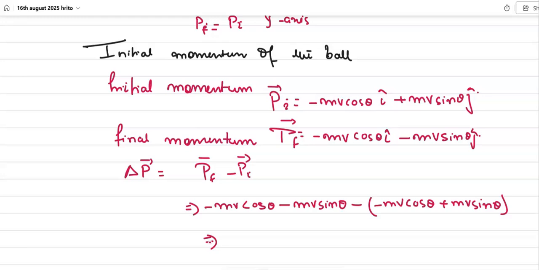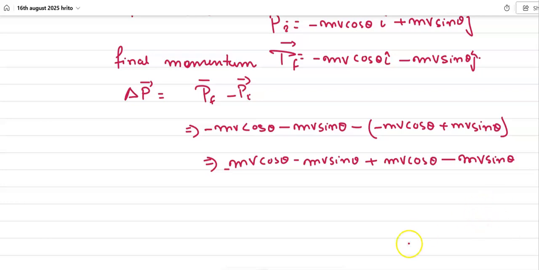X-axis, x component with x component, y component with y component. So this is minus mv cos theta minus mv sin theta plus mv cos theta minus mv sin theta, so that the x components cancel out. What you are left with is minus 2mv sin theta j.